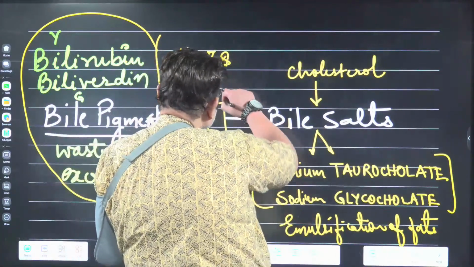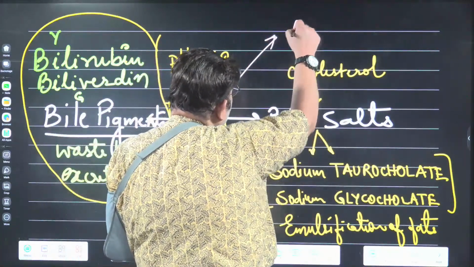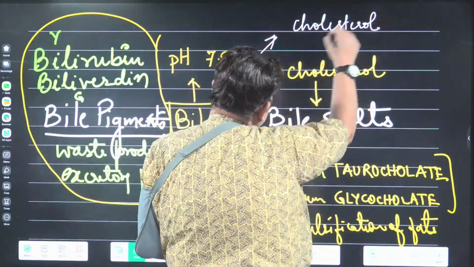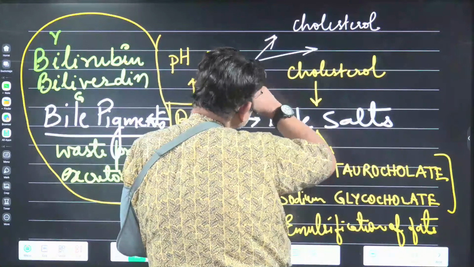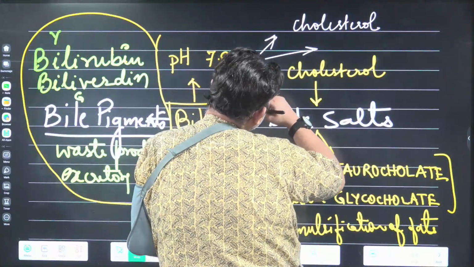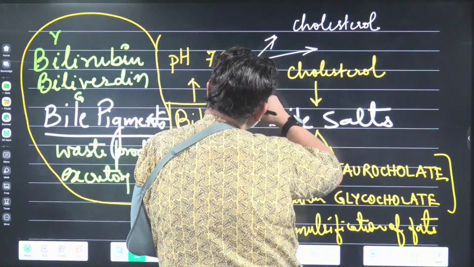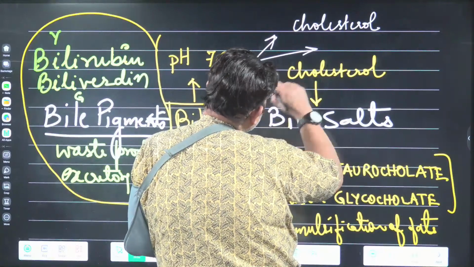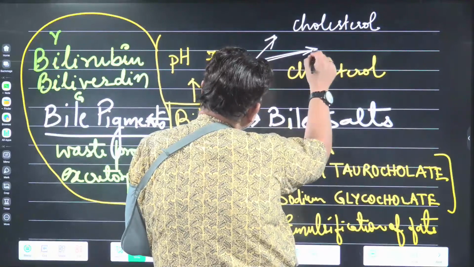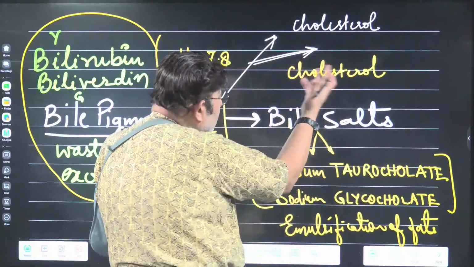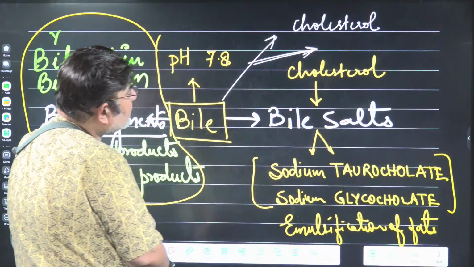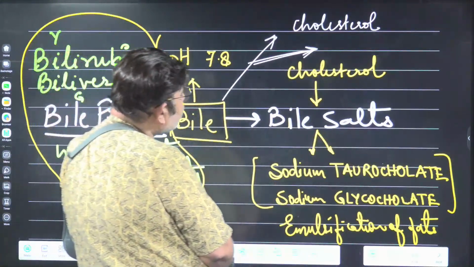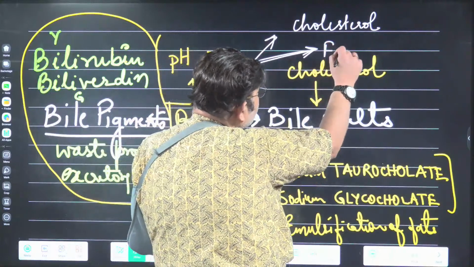Apart from that, what is present in the bile? You can find cholesterol in the bile, some other sterols, and some fat-soluble vitamins.